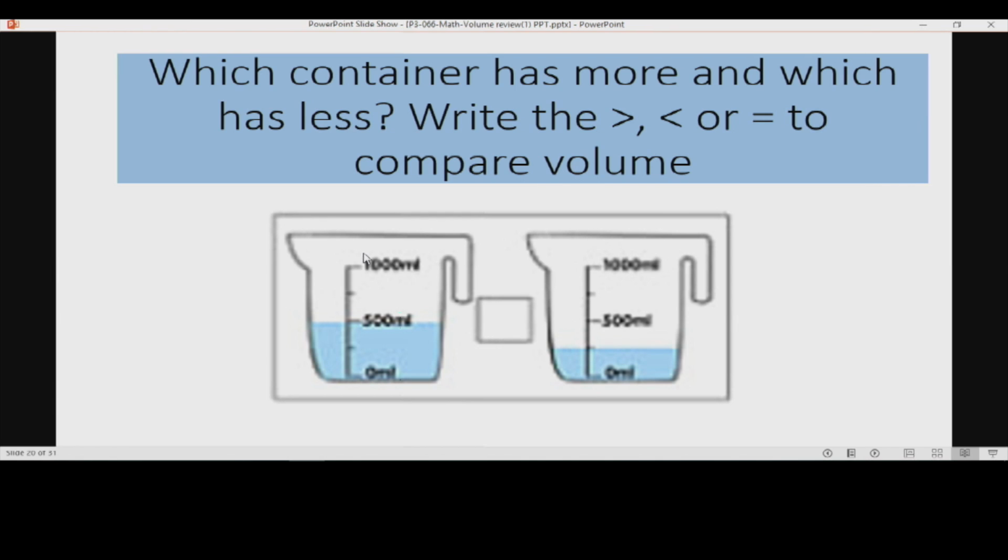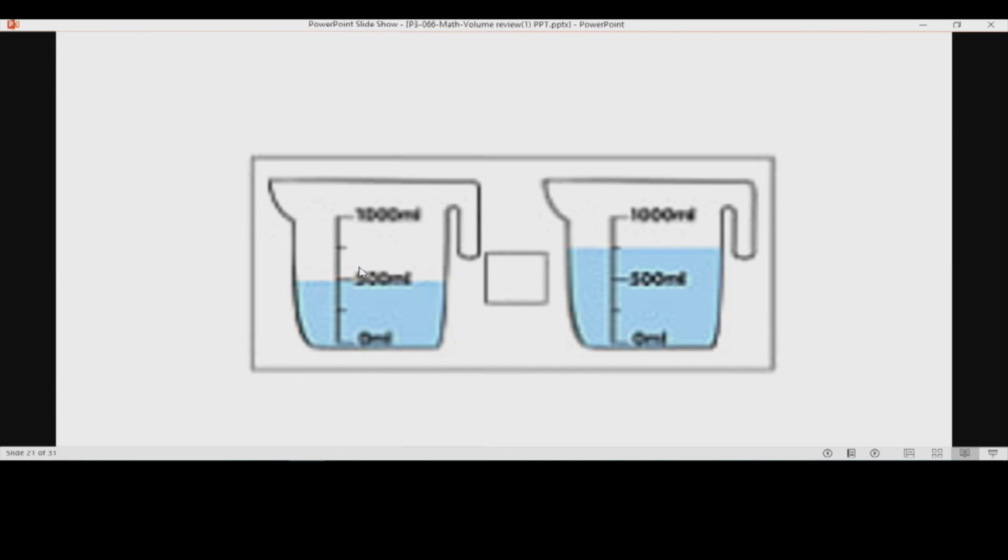So we say container A has more. How about now? Container B. Yes, container A has 500 millilitres, but container B has more, about 750 millilitres.